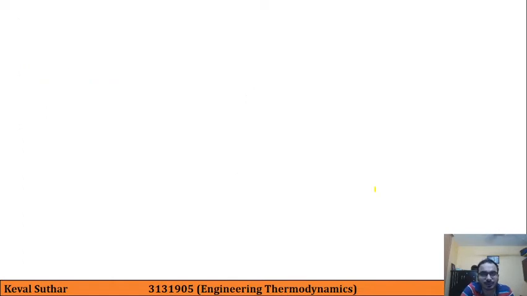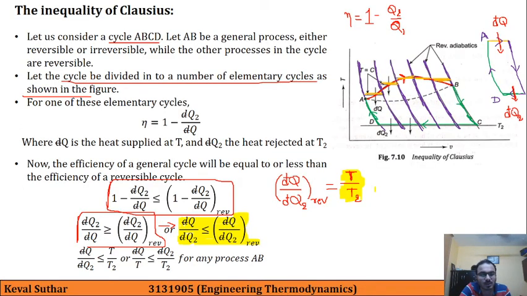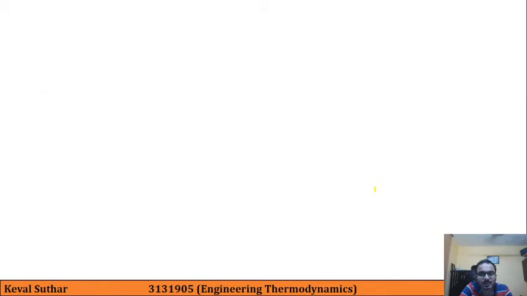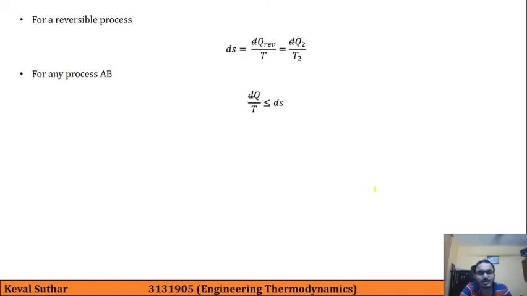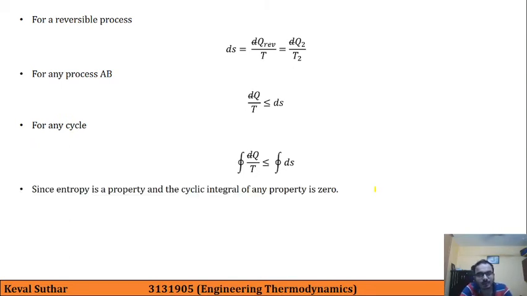If you still feel confused, you should better write down all these equations, and then you will be able to understand the remaining part, since this is already known. So for any process it will be less than or equal to dS, and we can also write this in a cyclic form.